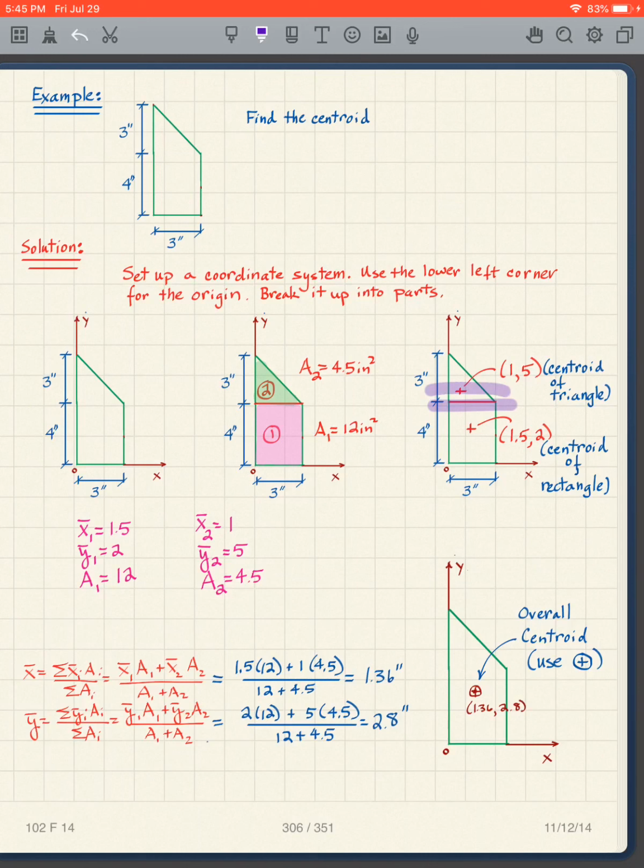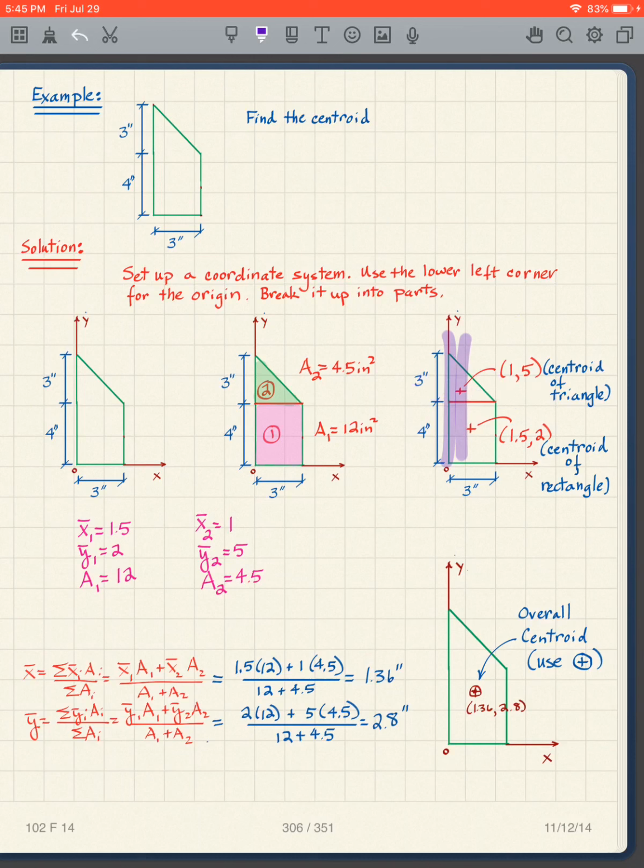So it's going to be 1/3 of that leg in that direction, which is 1/3 of 3, which is 1. And then 1/3 in this direction, and again it's 1/3 of 3, so that's 1 inch.